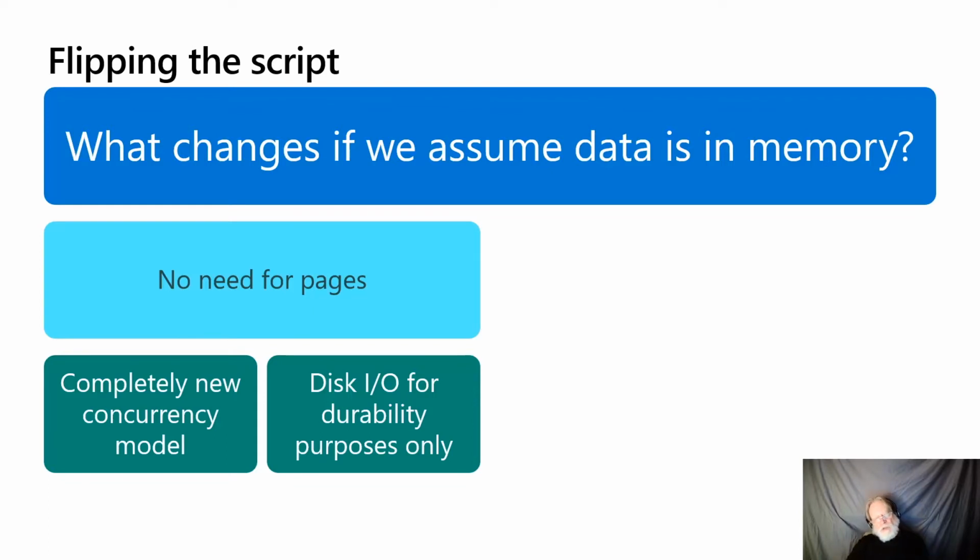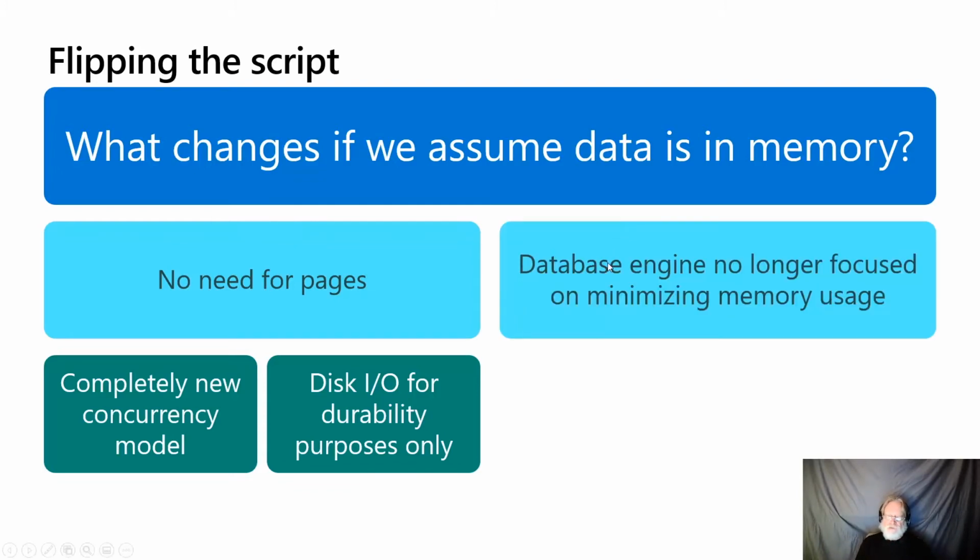So that gives us a really different way of thinking about it. Instead of the disk I/O being integral to transactions where the data is manipulated and updated, it always has to incur that disk I/O out to the transaction log at least, and then the pages have to be flushed out to make room for other pages in memory. If the data is all in memory, you lose a lot of that disk I/O, and that changes things.